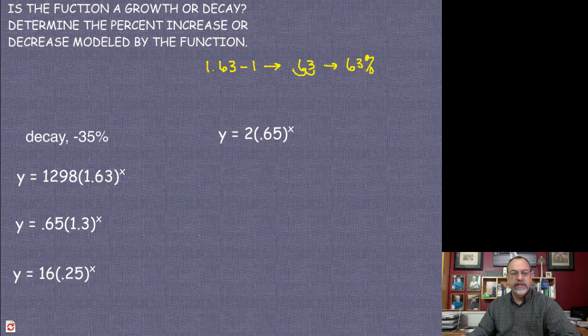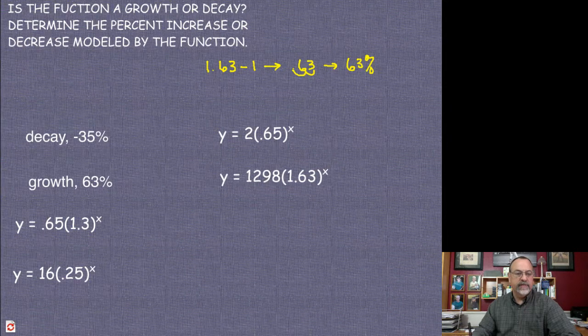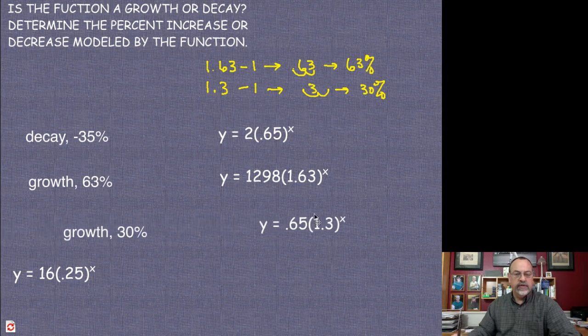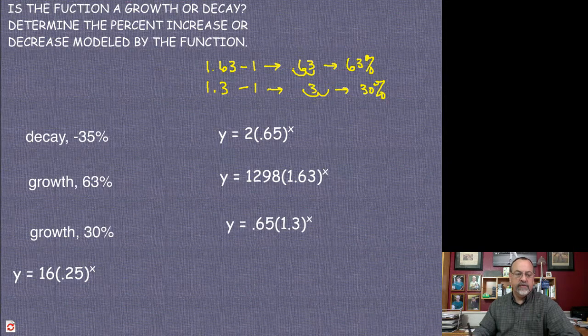So this would be a 63% growth represented by this equation here. Alright, the next one here, the B value again is larger than 1, so this is a growth. B value 1.3 minus 1, that gives me a value of 0.3, move it over 2 places, so this represents a 30% growth equation or exponential function.